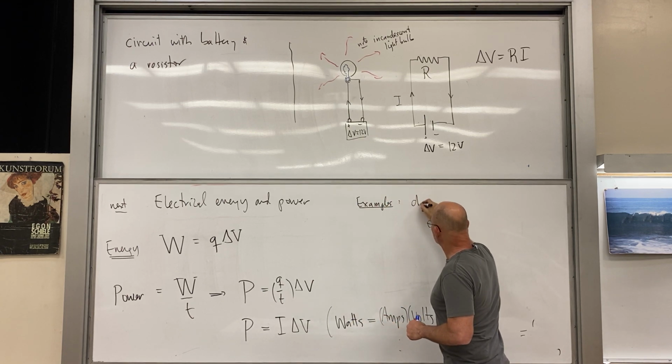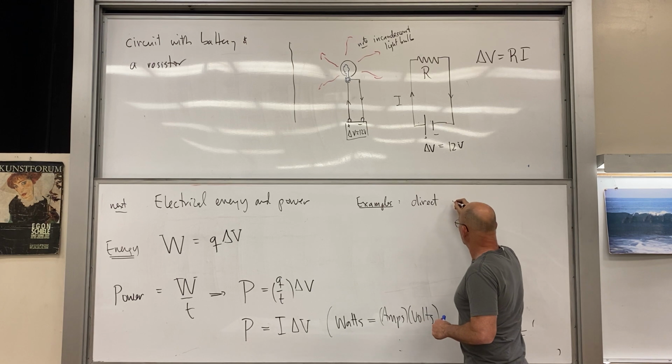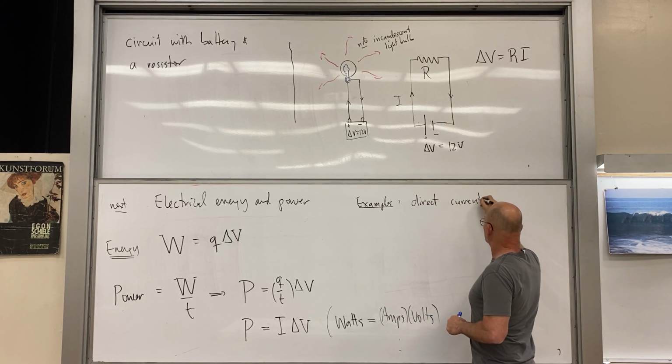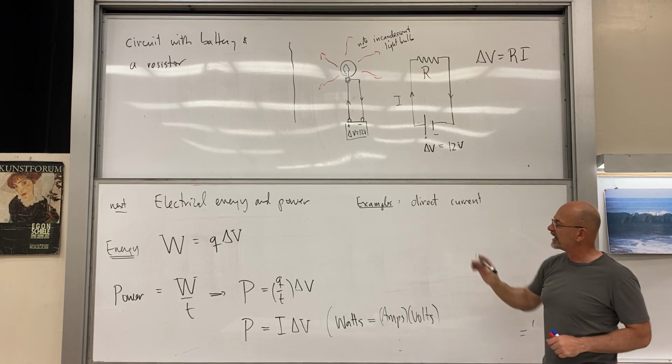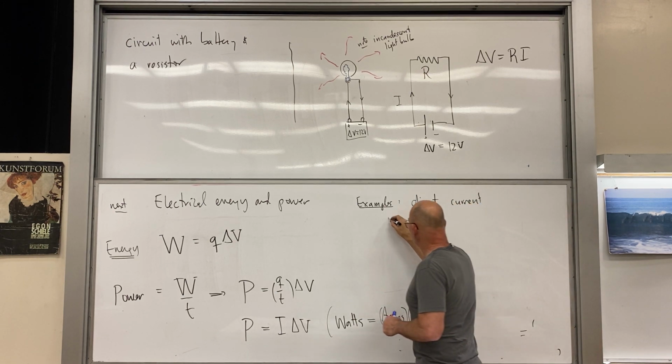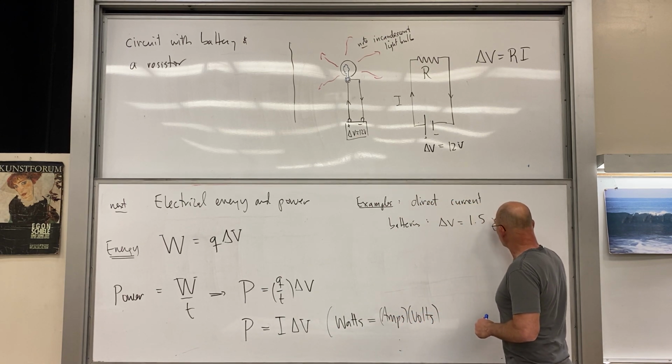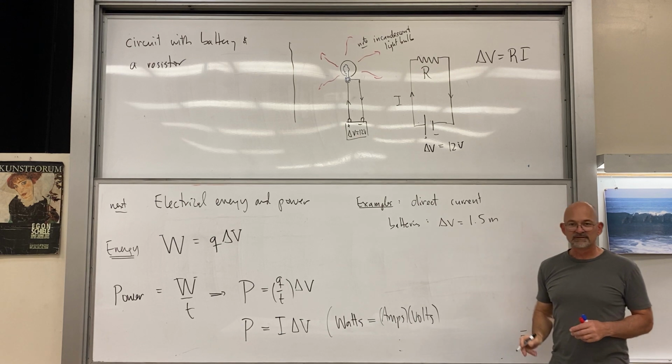Battery, so direct current, which is all that we're doing right now. We have batteries, and you may want to look at your devices and see what you have in your day-to-day life.